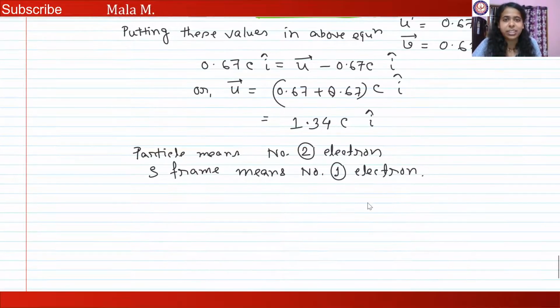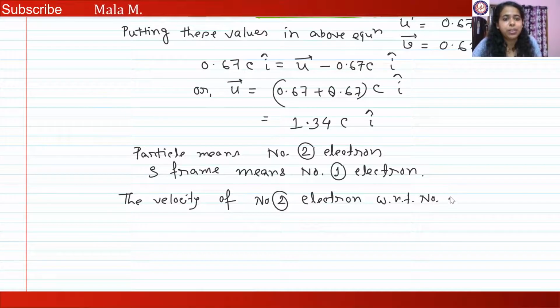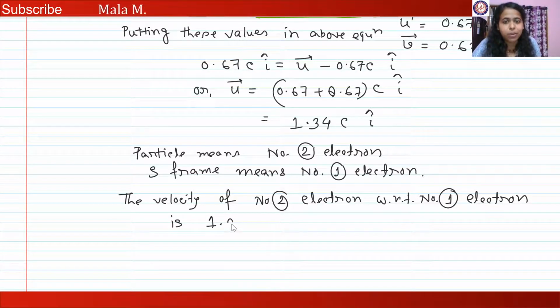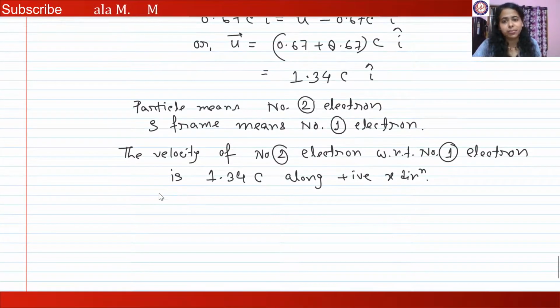So our final result is the velocity of number 2 electron with respect to number 1 electron is 1.34 c along the positive x direction.